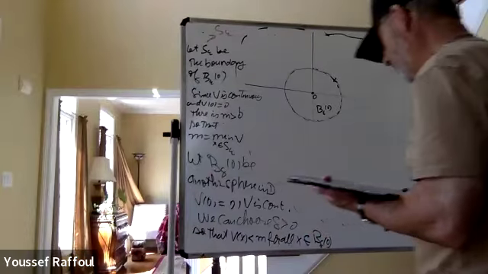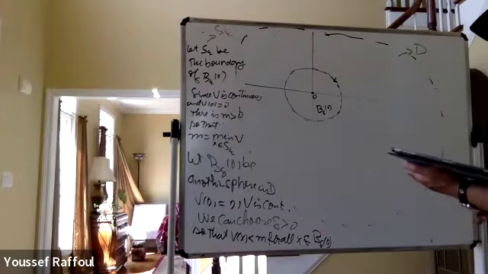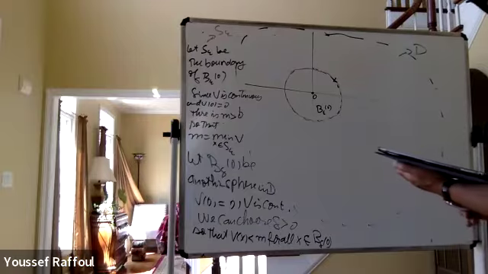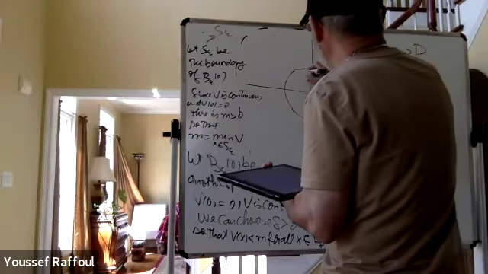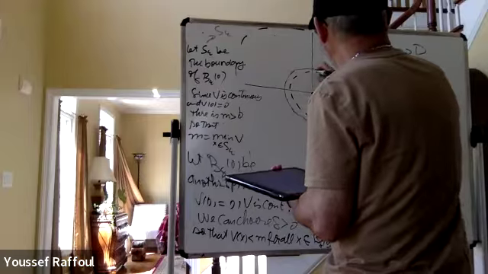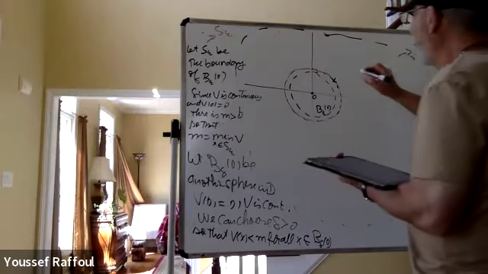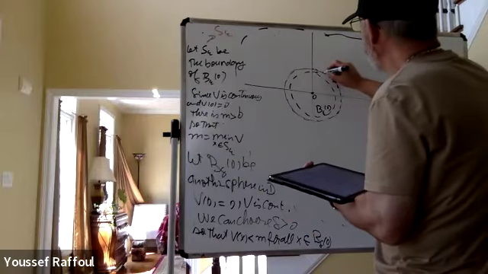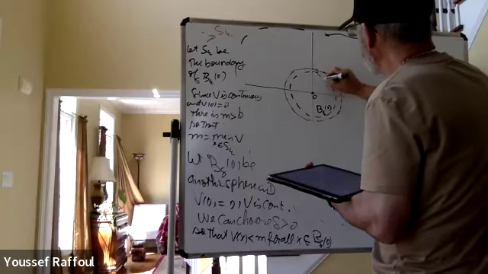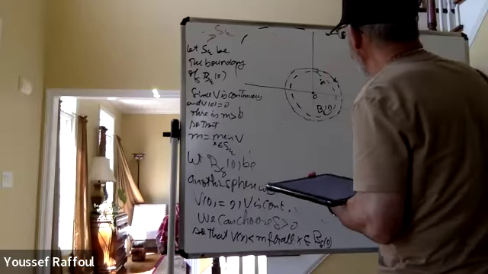So I can take here, this is M, this is x. Let's say M is somewhere here.